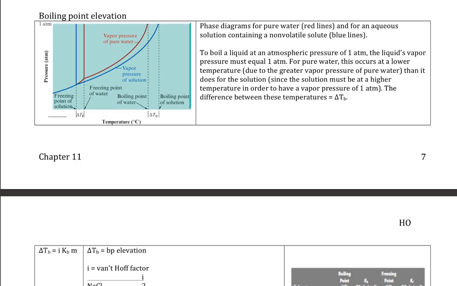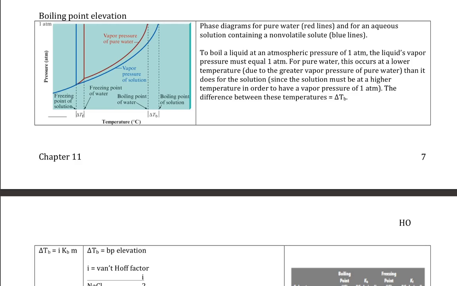As we talked about, the vapor pressure is lower. So at a given temperature, the blue line is always lower than the red line. You have to make those vertical drops going from the red to the blue at a particular temperature.